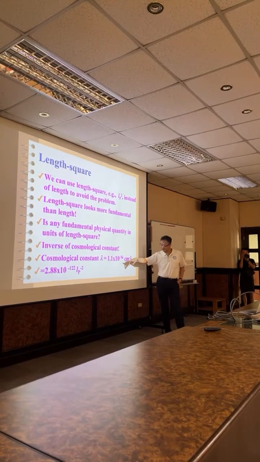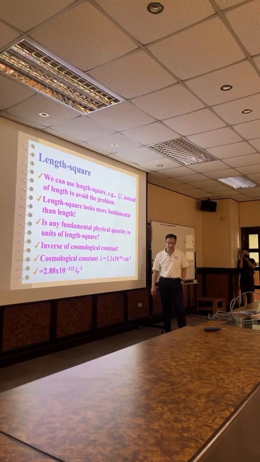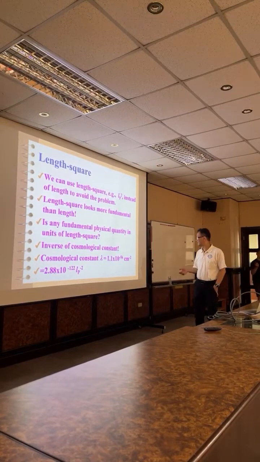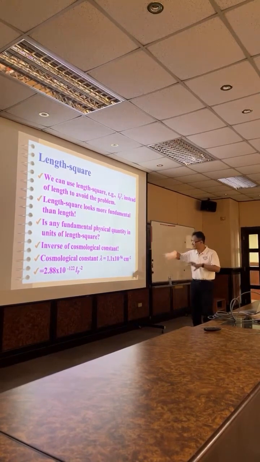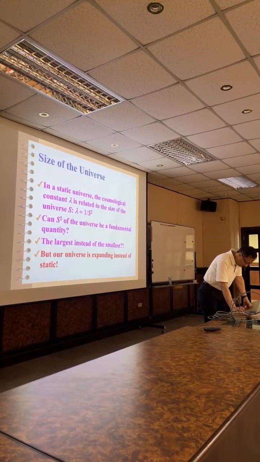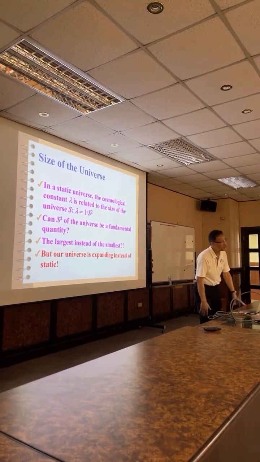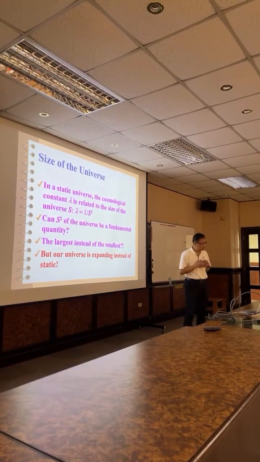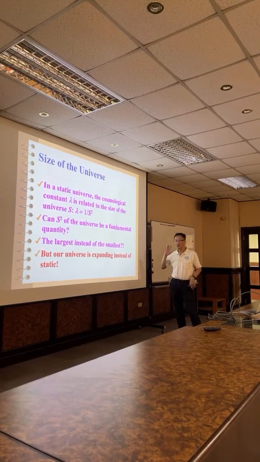The cosmological constant has a value of about 1.1 times 10 to the minus 56, and the inverse will be a very, very big number. Actually, the inverse is related to the size of the universe if the universe is static, right?